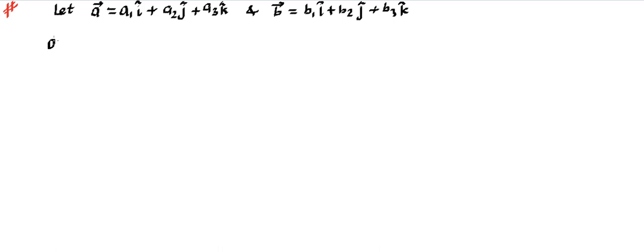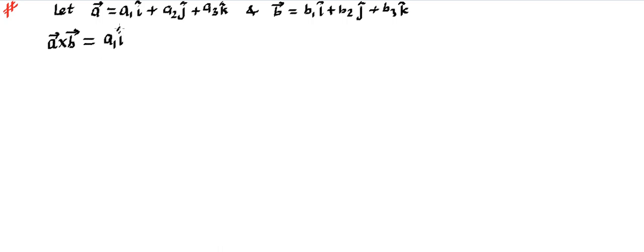So let's try to write the cross product. A cross B we are looking for. In the simplest, basic manner, we will place the value of A, we will place the value of B, and we will place the cross in between, just like we did in case of dot.